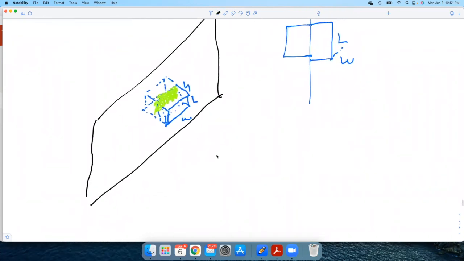Okay, some arguments. First, E as a vector must point away from the plane. It has to. It wouldn't make any sense otherwise. Imagine if the electric field points up at some weird angle like this. And this is an entire plane.